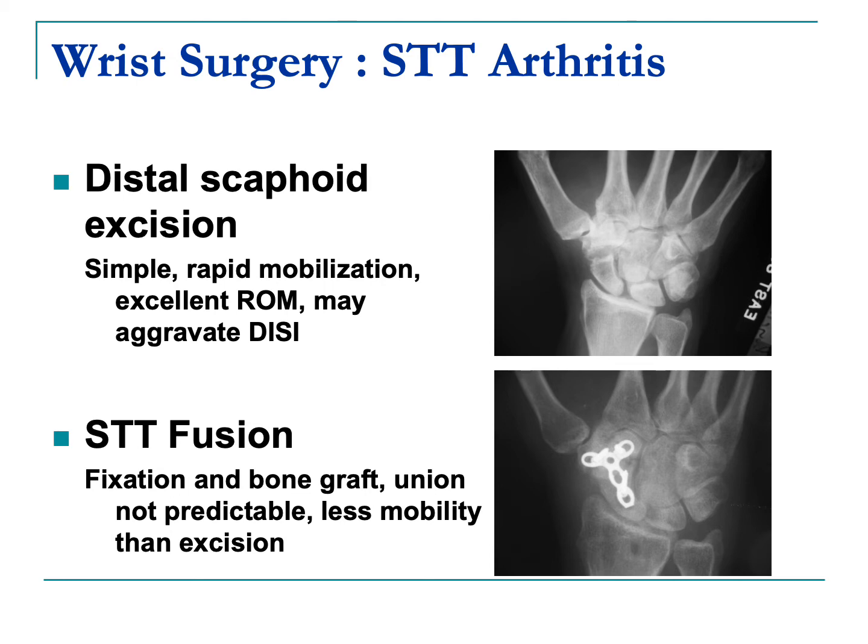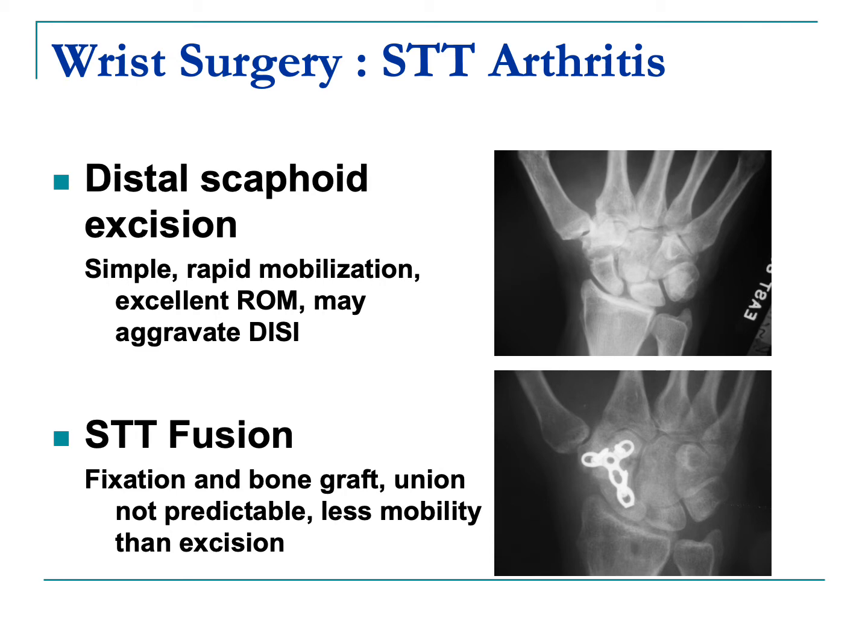In patients who need surgery for STT arthritis, my preference is to excise the distal scaphoid and to interpose a piece of the flexor carpi radialis tendon. This promotes early recovery of motion, relieves them of their pain.